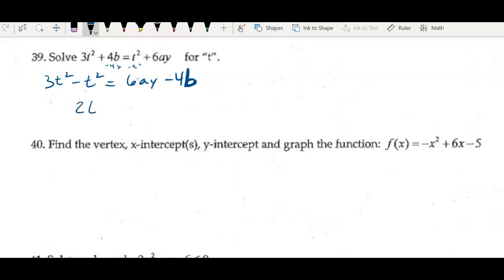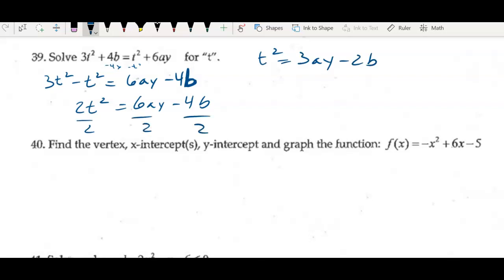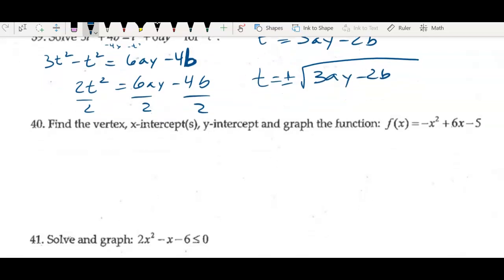And that's going to give me 2t squared. Can't do anything with this, you just got to write it out. Divide everything by 2. And just take the square root of both sides with your plus minus. That's it. Remember, rearranging like one of the ones we did at the very beginning.